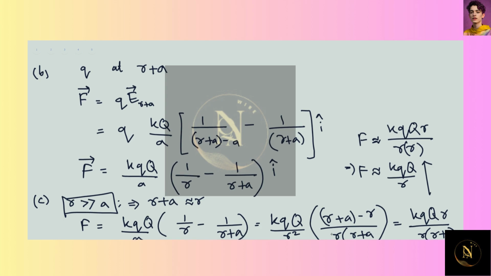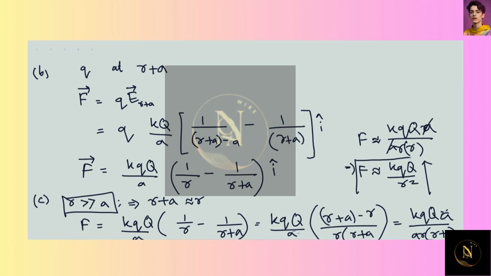Oops, I forgot there was an a here. I did a calculation mistake, I'm sorry about that. Here we have a, here also we have a, and these two cancel out, and we get the force to be kQq over r squared.